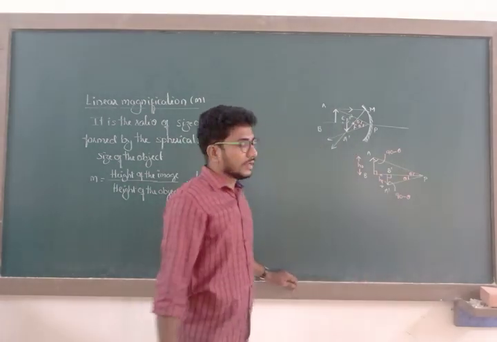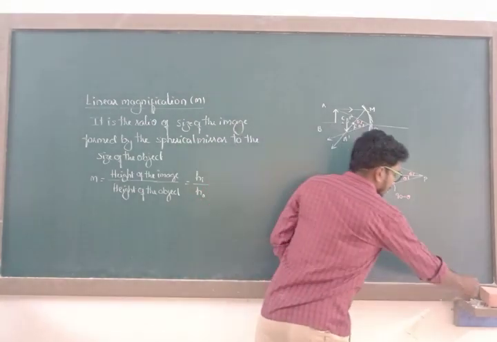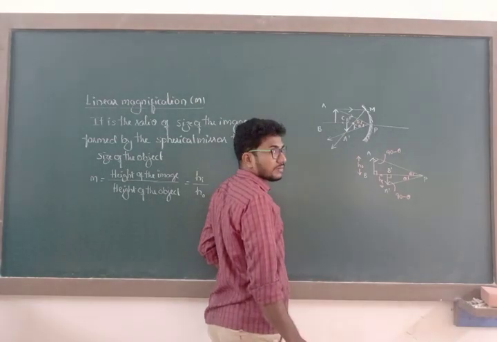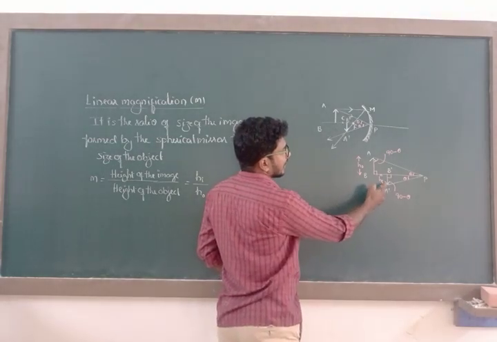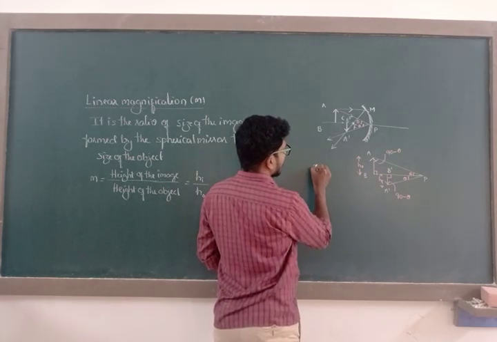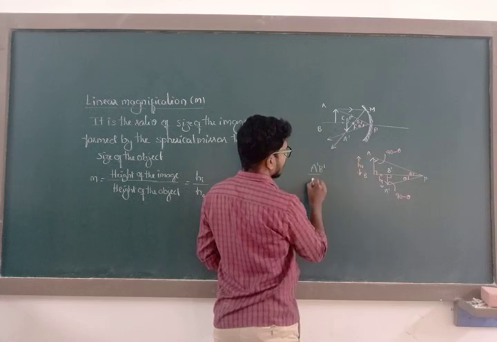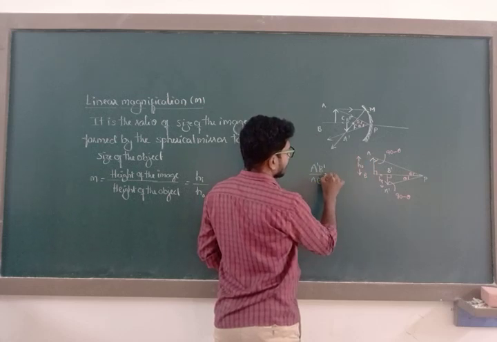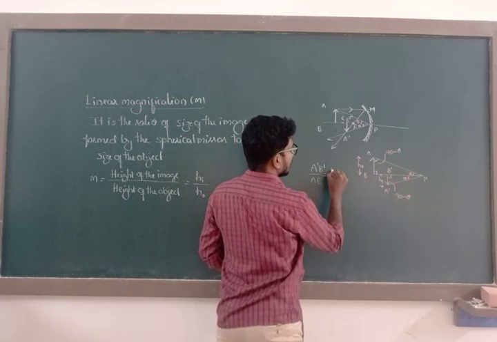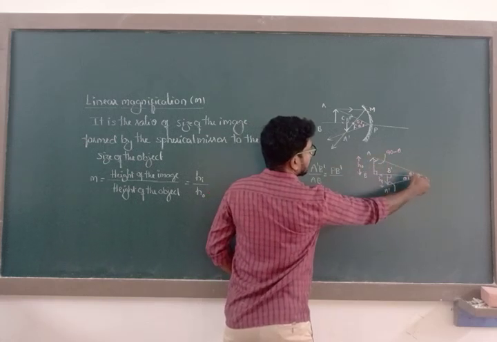Now from these 2 similar triangles, we can write ratio of heights is equal to ratio of the bases. Height of triangle A dash B dash P is A dash B dash, divided by height of triangle AB, is equal to base of triangle PB dash divided by base of triangle PB.